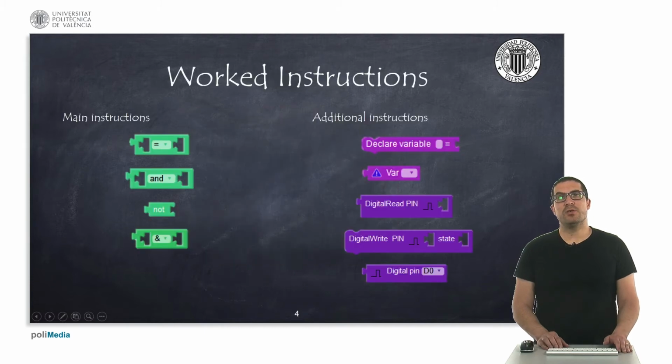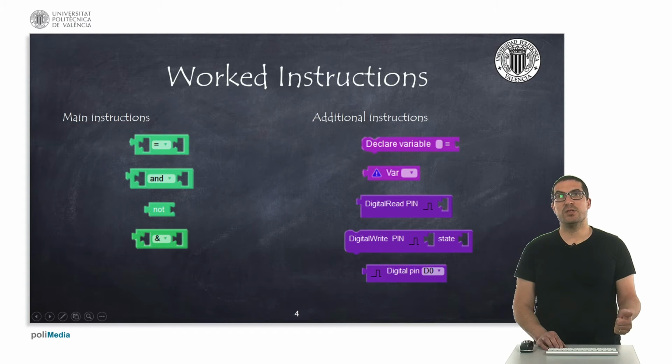In this presentation we work with logic, and in Facilino we have several types of logic instructions. We have relational instructions which compare numbers. We have binary operators like AND or OR that perform the Boolean logic.